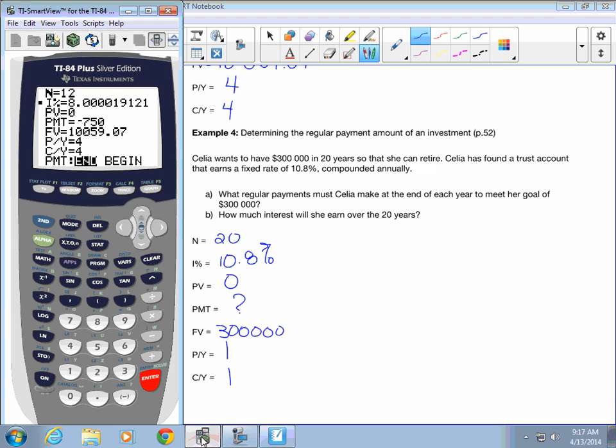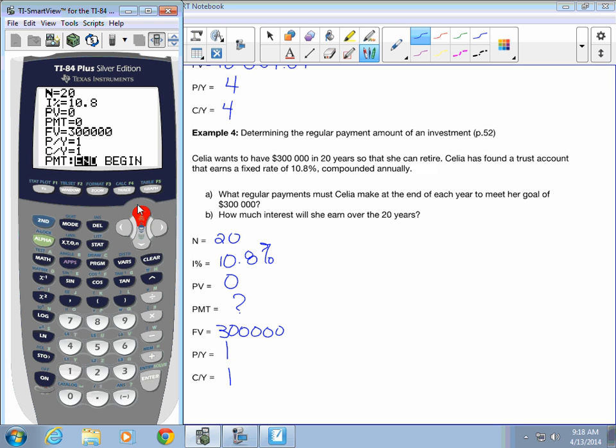So put that information in here. She's at 20. Interest is 10.8. Starting at 0. Her payments, we don't know. She wants to have $300,000. And this is once a year she's investing, and once a year the interest is being compounded.